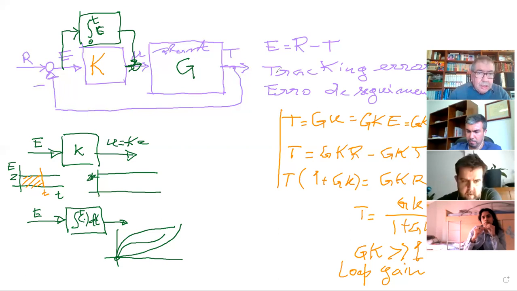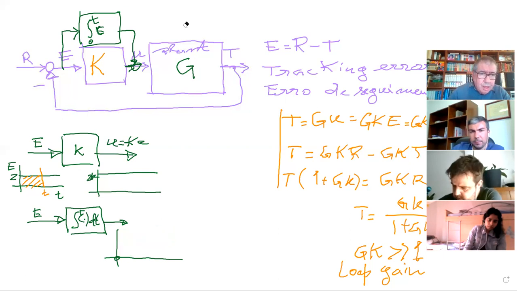So this goes linearly because the input is constant. So it is something like this. Now, the output here, in this case of the gain, the output reaches immediately steady state.